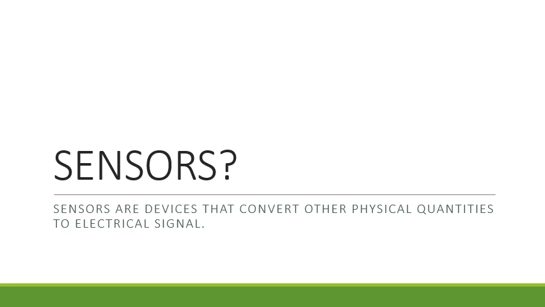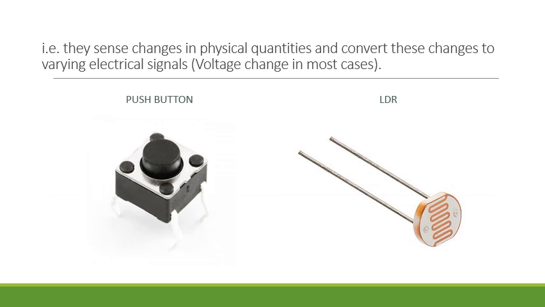It might be resistance, voltage, and so on. So sensors sense changes in physical quantities and convert these changes to varying electrical signals, like I said earlier. In most cases these changes are voltage changes.